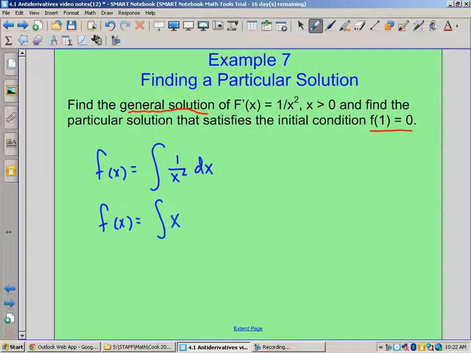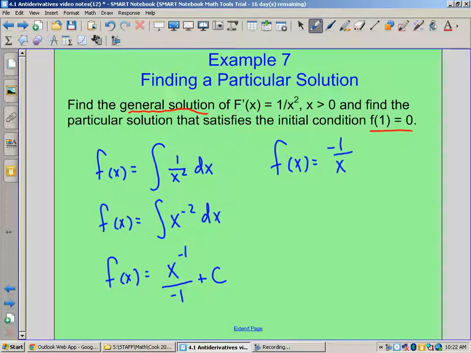So when I do the antidifferentiation, I'm going to raise the power by 1, which means it's x to the negative 1 now, and I'm going to divide by that new power and add on a constant. So my position function, this was a velocity function, 1 over x squared. Now my position function is that I have negative 1 over x plus c. So there's my position function.